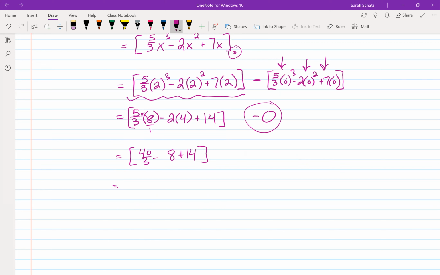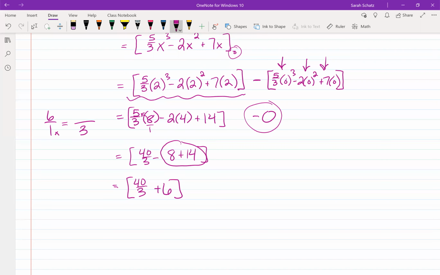Now, the easiest thing to do, we do have a fraction here. The first thing I would do was the minus 8 and the plus 14. Since those are just whole numbers, you can go ahead and call that plus 6. And then you have to add these two fractions together. So when you're adding fractions, we have the 40 over 3, and then we have a 6 over 1. And remember, you have to get a common denominator. So you're going to take that 6 over 1 and rewrite it as a fraction with 3 on the bottom.